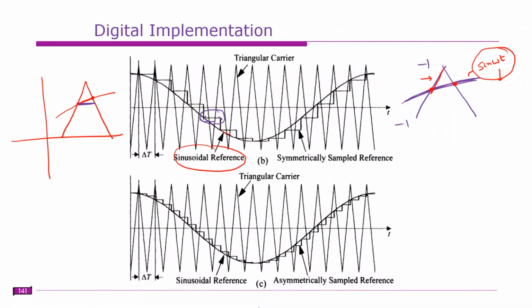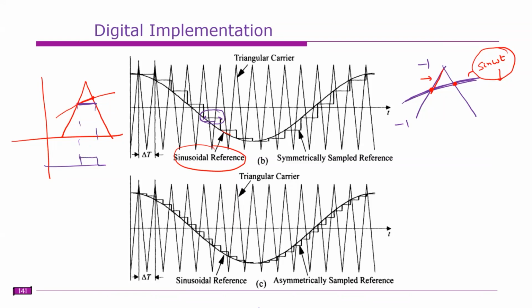Now if it is constant, the intersecting points are easily obtained. This is how we calculate the switching instants. Based on these intersecting points, a pulse is generated. This is known as the symmetrically sampled reference.